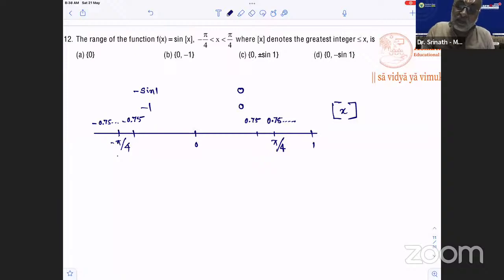So this function f of x, sine of greatest integer x, when x lies between minus pi by 4 and plus pi by 4, can assume these two values only: 0 and minus sine 1. So therefore, the answer is simply D.